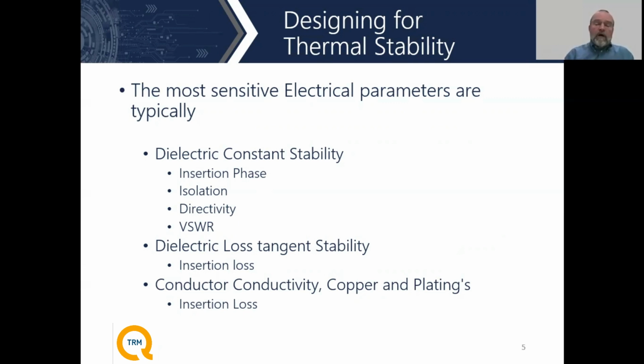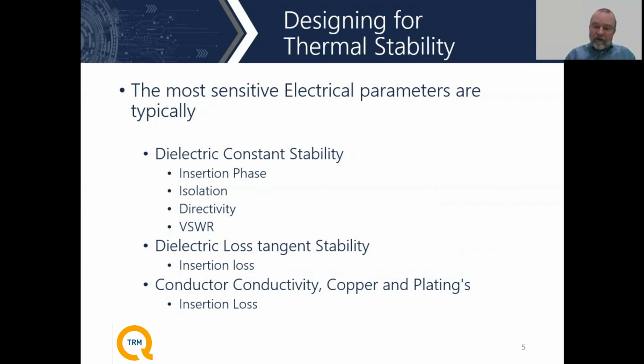such as VSWR, are due not necessarily to propagation speed changes from dielectric changes, but rather to the fact that if we're changing the dielectric constant, the reflection coefficient is going to change a little bit, which changes the VSWR. So VSWR gets affected.